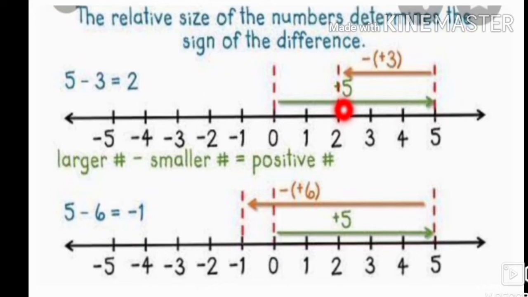Turn negative side for the operation of subtraction and move 3 steps forward in the negative side to represent plus 3. We reach the integer 2. Therefore, 5 minus 3 is equal to 2.